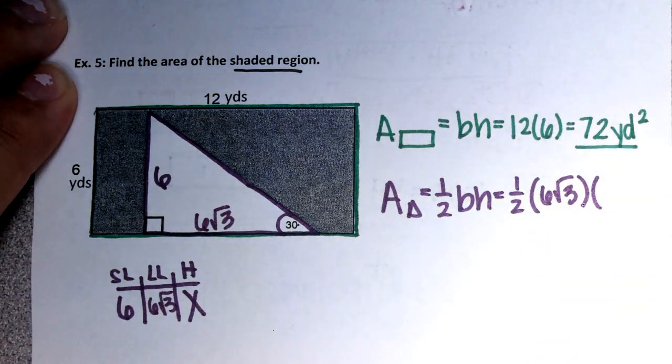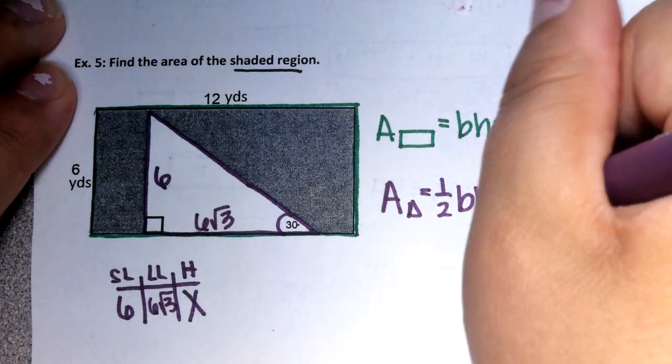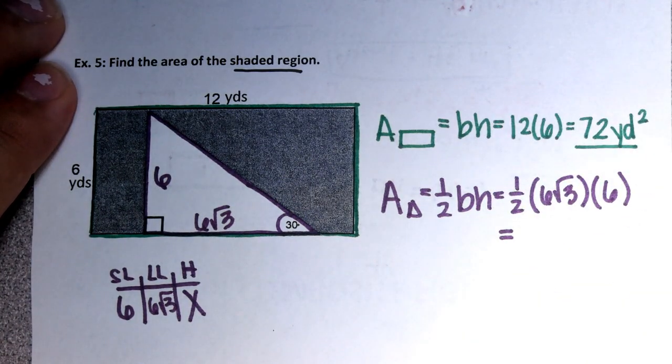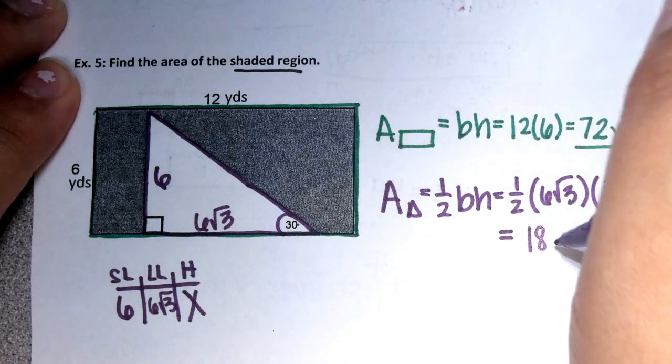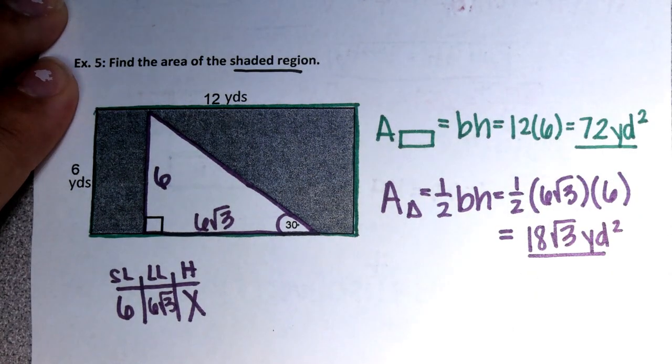And what's my height of the triangle? 6. When you type this in the calculator, do not put the square root, because it didn't ask for us to round. So what's half of 6 times 6? So this is 18 root 3 yards squared.